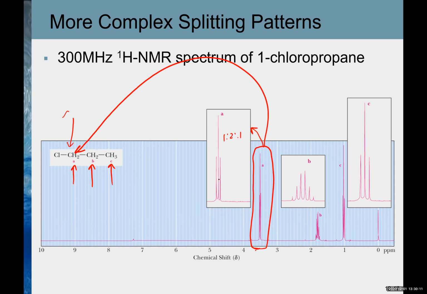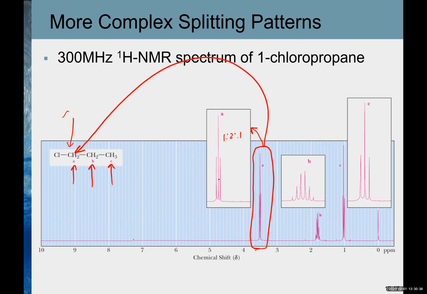How about C? So C has how many vicinal protons? Vicinals are the ones 3 bonds away, the neighboring ones. Oh, wait, sorry. I was thinking B. A is not vicinal to C, right? Yeah, sorry. For C, we'll look at B at the end.